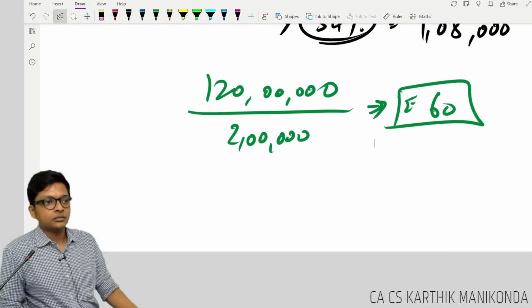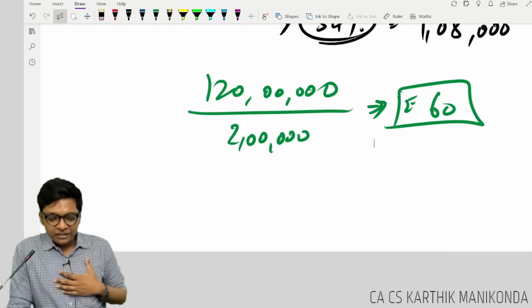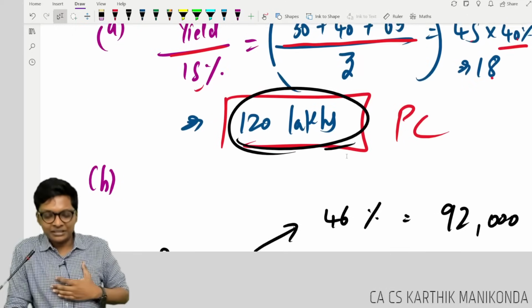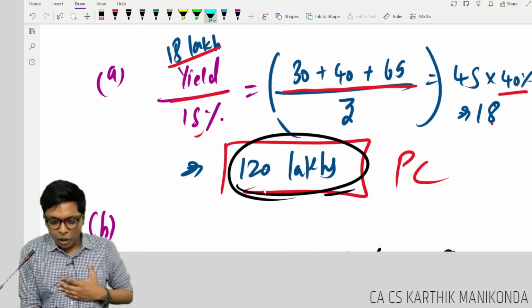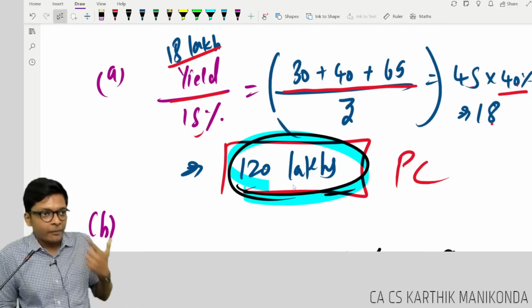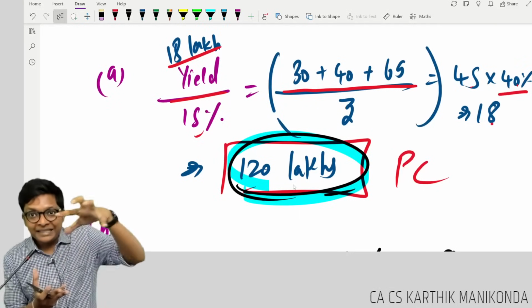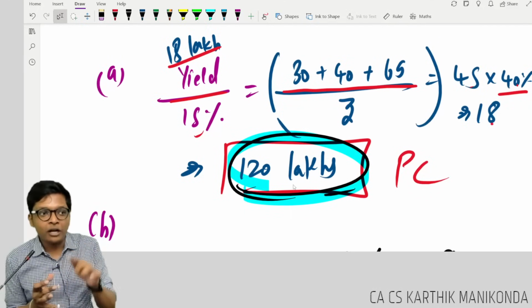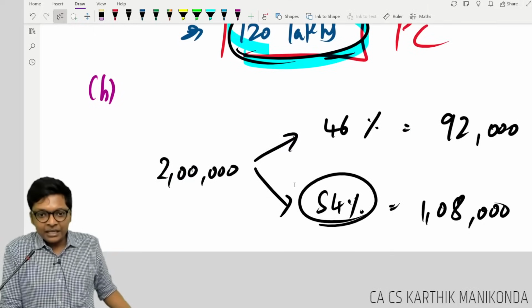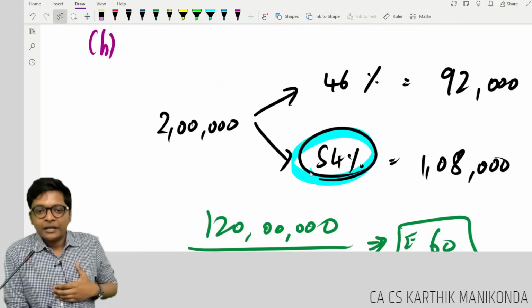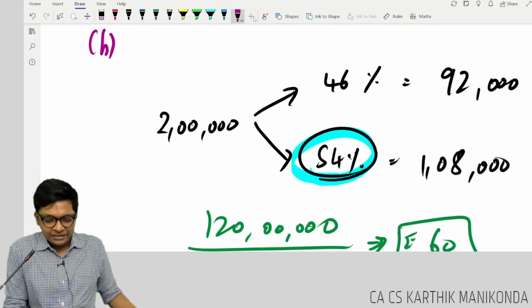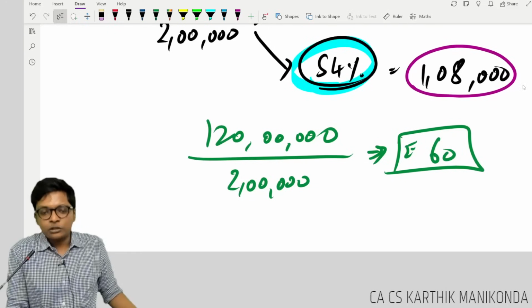Are you following up? See, in amalgamation we never did this step, because in amalgamation we used to stop with 120 lakhs, if those who remember amalgamation, and pay full 120, because you are buying the entire company. There is no minority in amalgamation, correct? Here I am getting only 54%. In other words, I am buying only 1,08,000 shares.